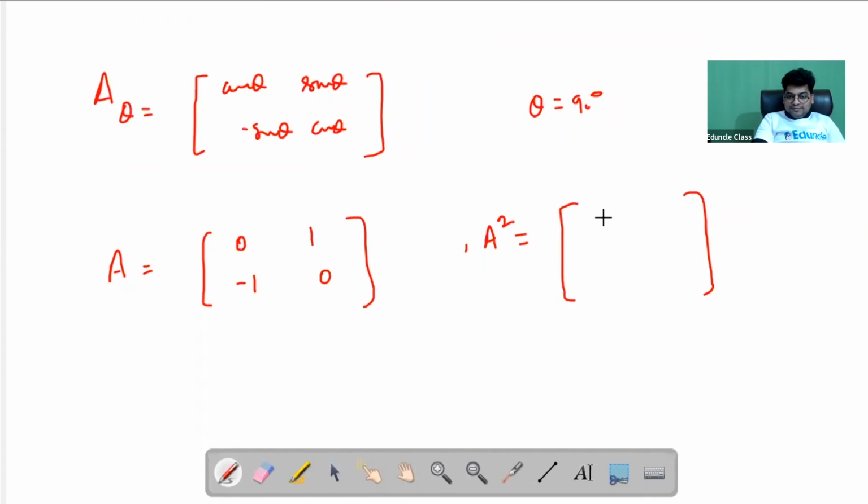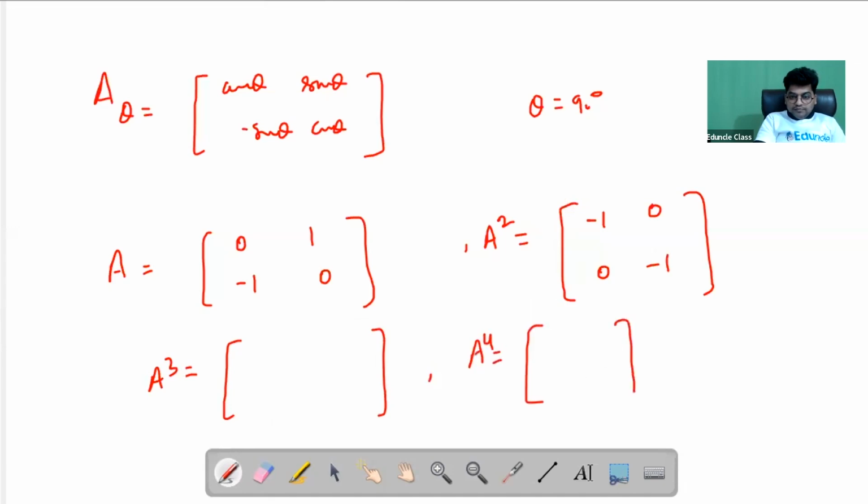Yes or no? What is A cube? What is A4? Quickly tell me. Then A5. Period is 4.